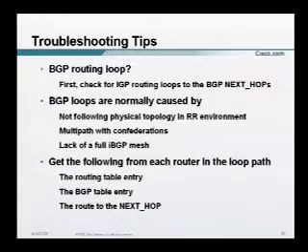Okay, got a BGP routing loop. First check for IGP routing loops to the BGP next hops. BGP loops tend to be caused by, well, not following the physical topology in route reflector environments. Some people love to have route reflectors, just like one route reflector in their whole network of 500 routers.